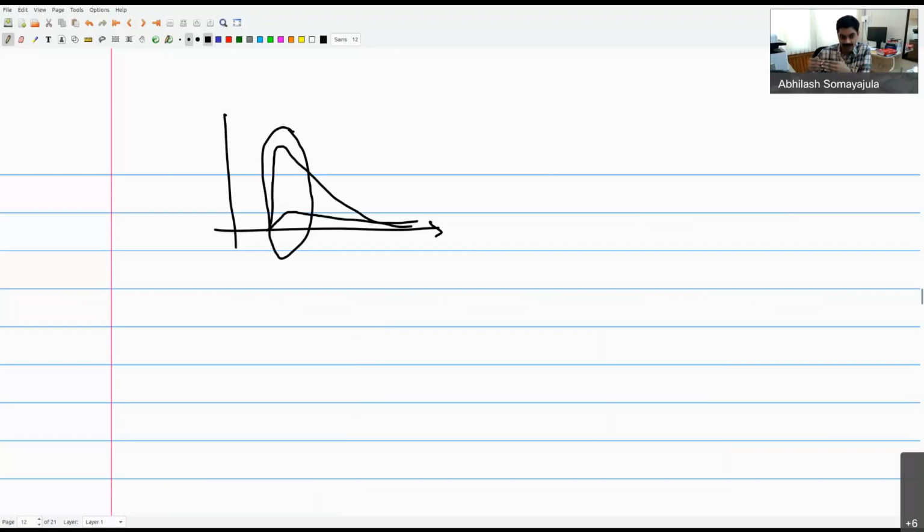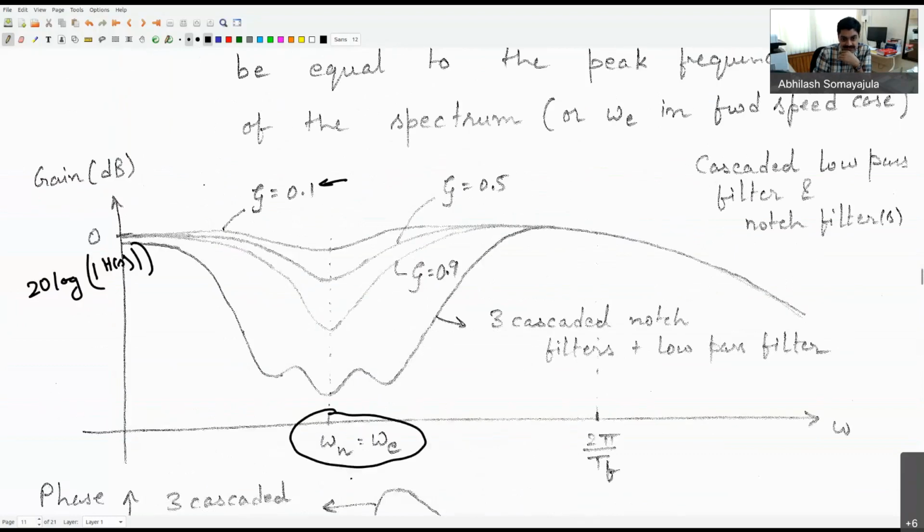But if you're looking at lower C states, you might want to eliminate a much broader range of frequencies. In which case, what we do is cascade multiple notch filters, one next to the other. That's what you see in this picture, this curve. That is 3 cascaded notch filters, each having its own frequency.